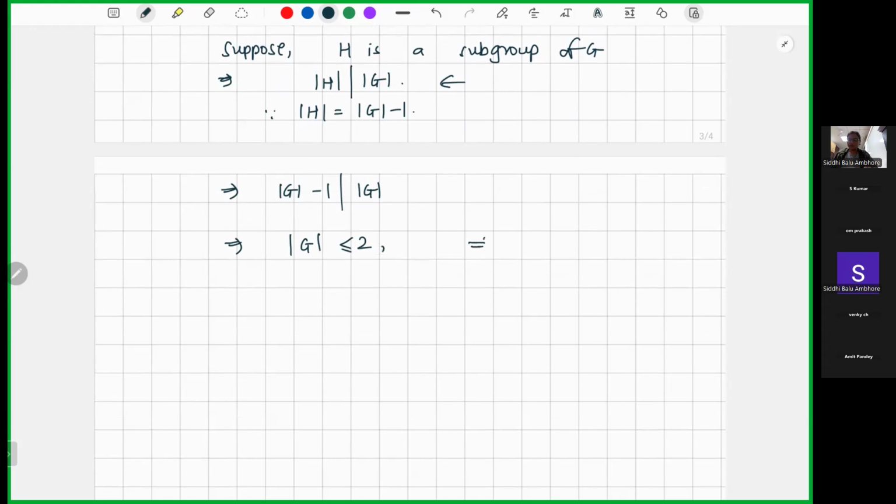Which is a contradiction, since the order of G is strictly greater than 2. Therefore, H is not a subgroup of G. In fact, this is equal to 2. Is this okay?